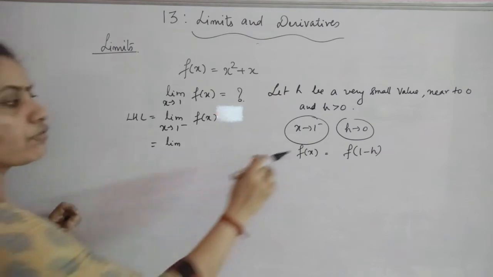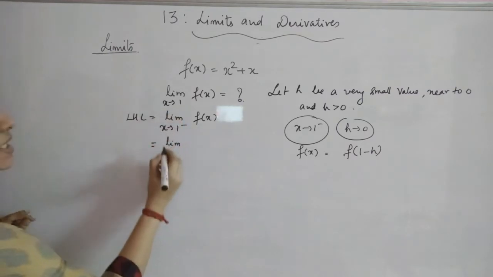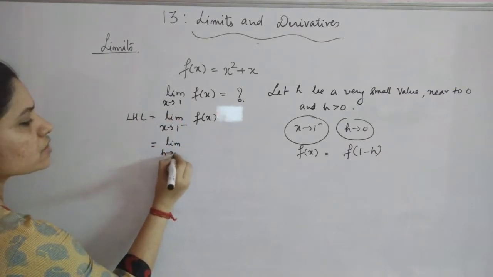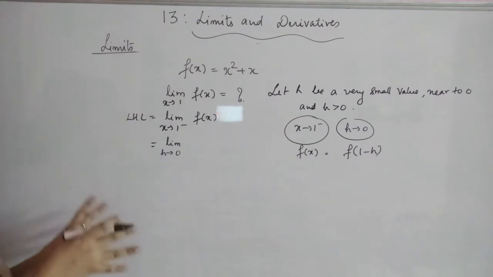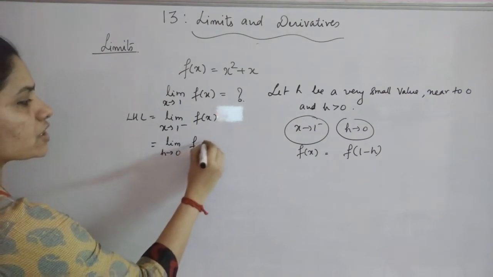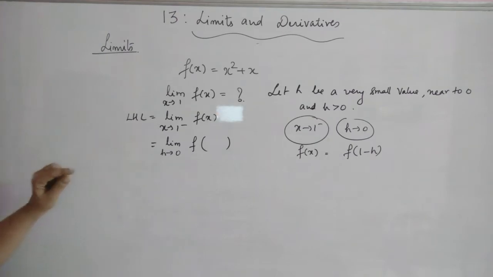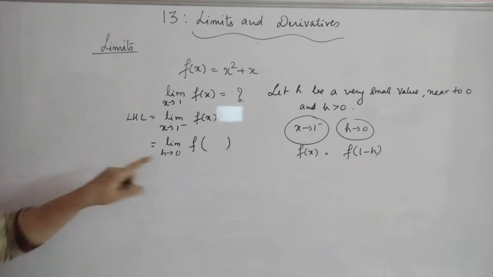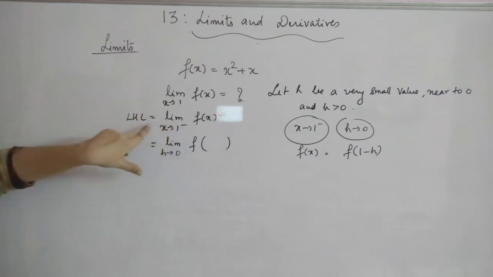So x is replaced with 1 minus h, and I am writing this as h tends to 0. Here I will not mention plus or minus because h is already a positive quantity, and the function itself will be changed, and that will tell you whether it is a left hand limit or right hand limit, not this, because in this type, 1 minus is showing you that it is the left hand limit.